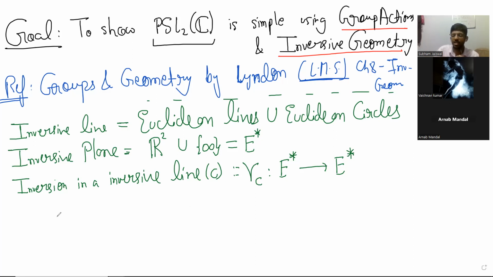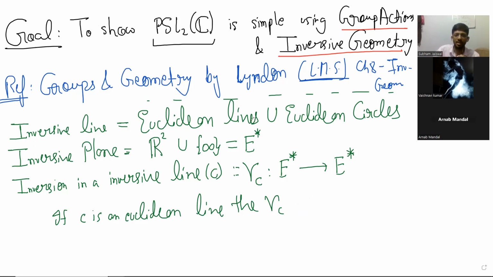The function is very simple. If C is a Euclidean line, then what is gamma C? It is just a reflection about the line.